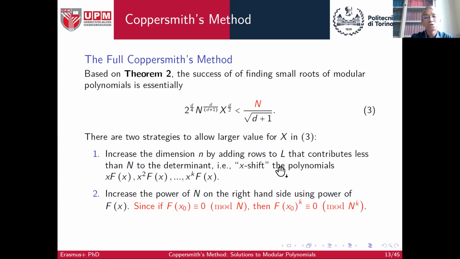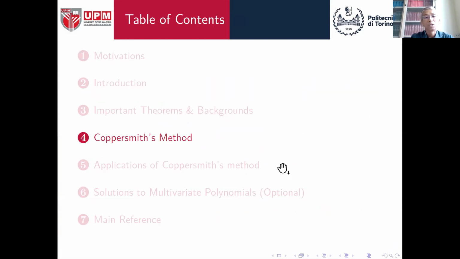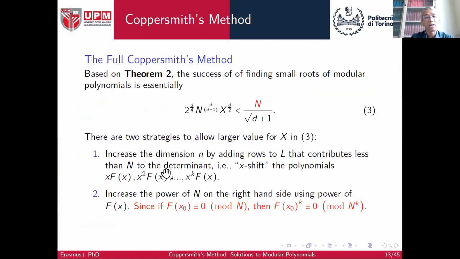This first strategy is very similar to definition one. If we notice carefully, except the last row, which comes from the original f(x) function, the remaining rows are just the x shift of the modulus n. So this is what is captured in the first strategy.